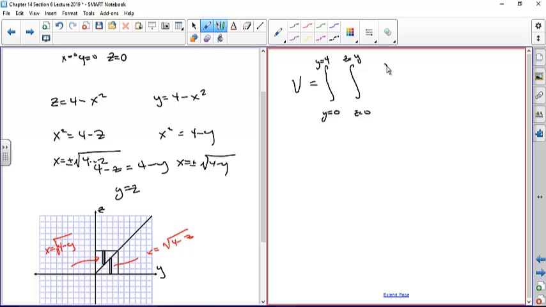And then we have the third integral, which is from x equals 0 to x equals, and it's this one, so it's going to be the square root of 4 minus z, and we're going to have dx dz dy, because we got x, z, and y.